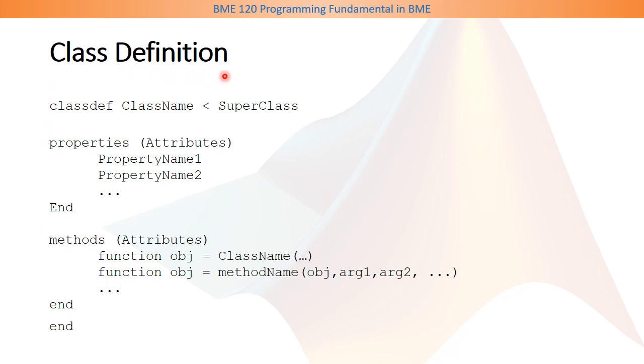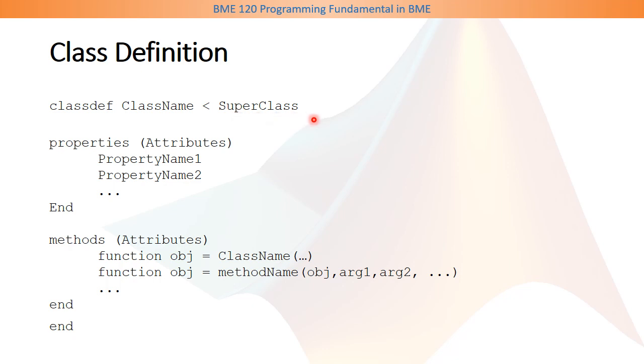This is a class definition. Here is the keyword classdef, and it's followed by the class name. If the class is inherited from a superclass, you need to use the less than sign to indicate the inheritance, and then the superclass name.